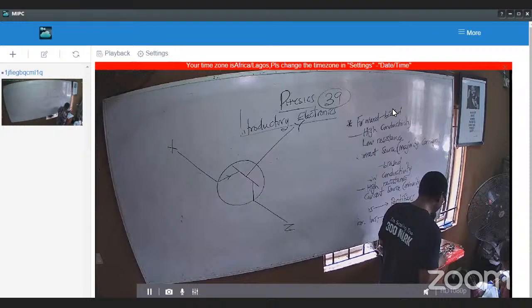Option C, electrons and holes. Option D, ions only. Pick one answer.